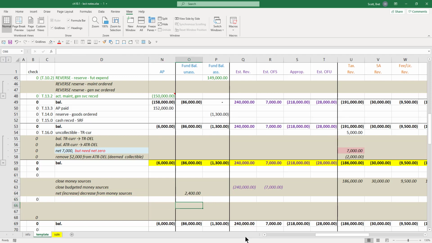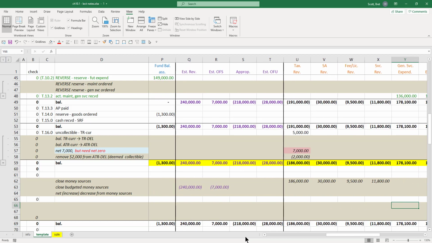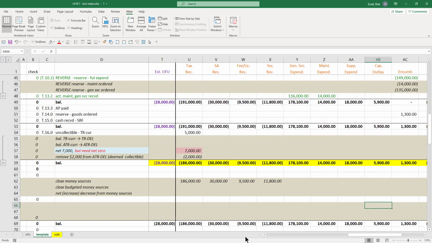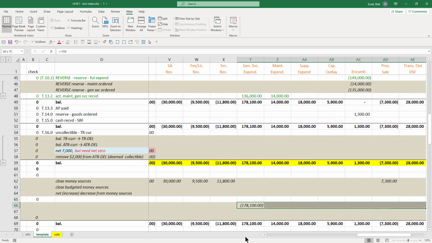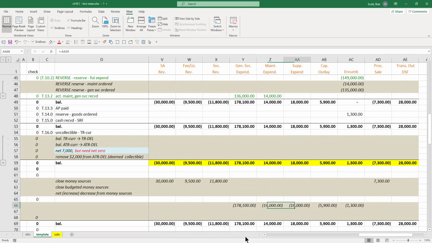Next line down, we're going to be closing the money uses. So if we go across, what were the money uses? What was that 178? All these other guys, and the transfer out. So there's all of our money uses.